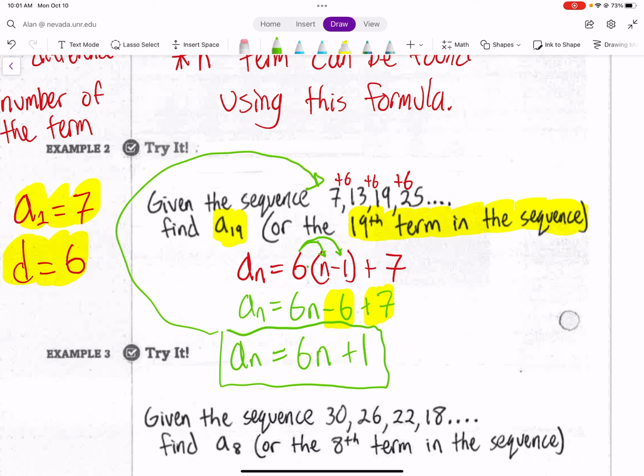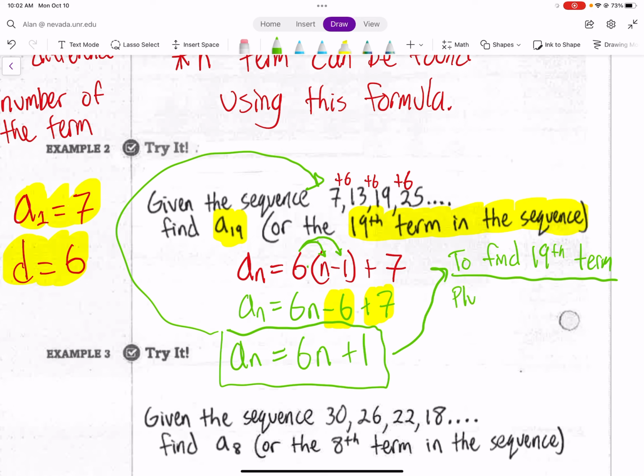So now we can use this formula to figure out whatever term we want to find. Here we need to find the 19th term. So to find the 19th term, this is what we do. We use our formula.